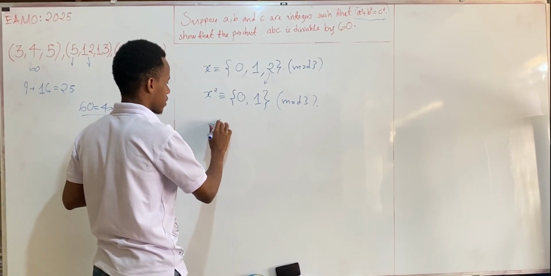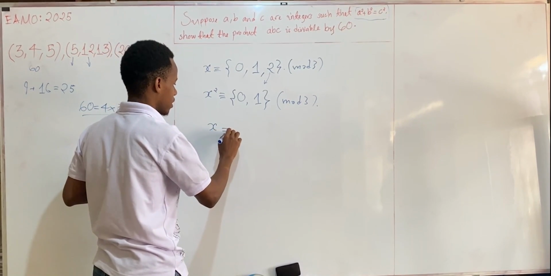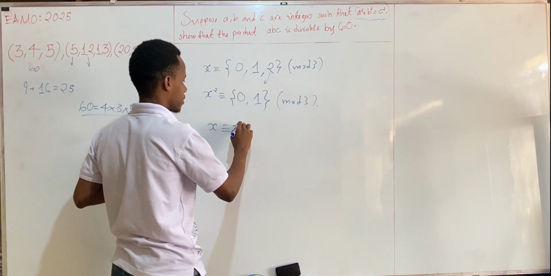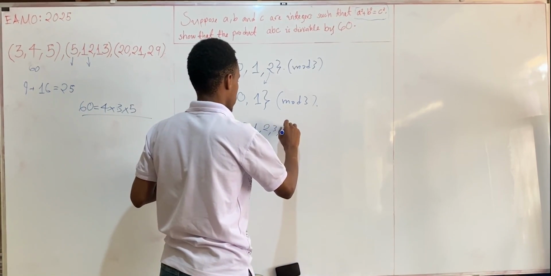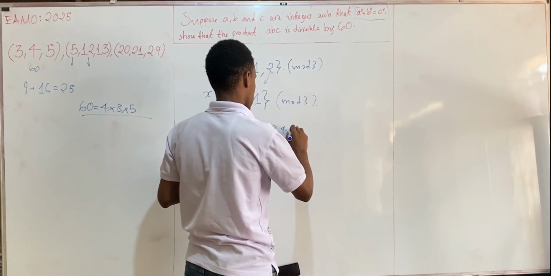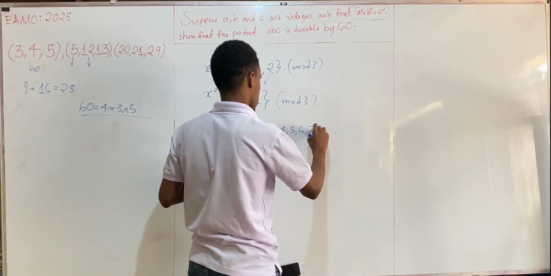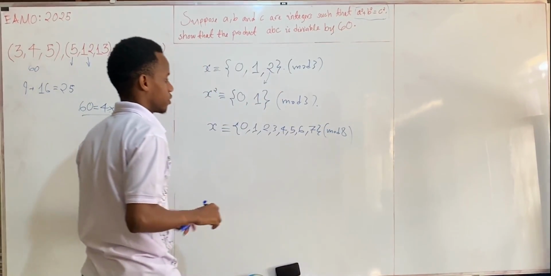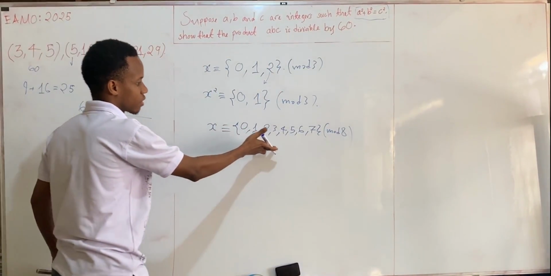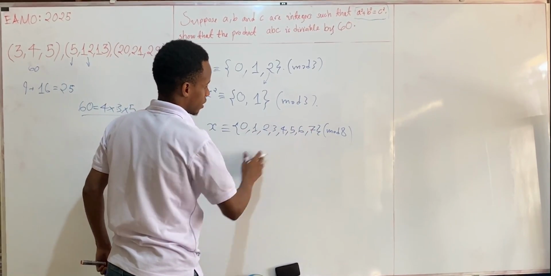Okay, let's look at 4. The remainders of a number modulo 8 are 0, 1, 2, 3, 4, 5, 6, and 7. So these are the possible remainders of any positive integer modulo 8.